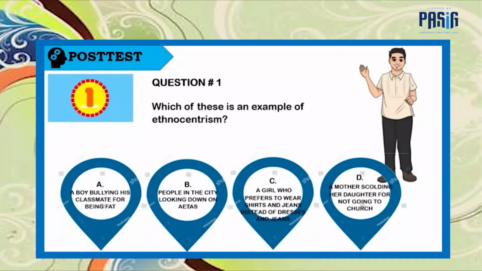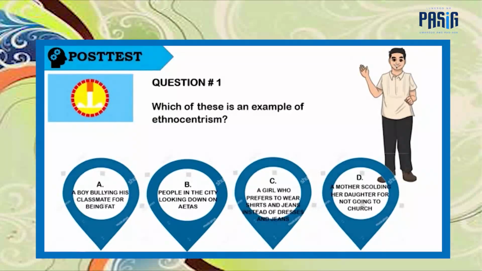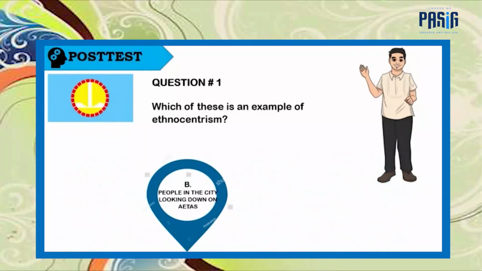B. People in the city looking down on others. C. A girl who prefers to wear shirts and jeans instead of dresses and jeans. D. A mother scolding her daughter for not going to church. The correct answer is letter B. People in the city looking down on others.